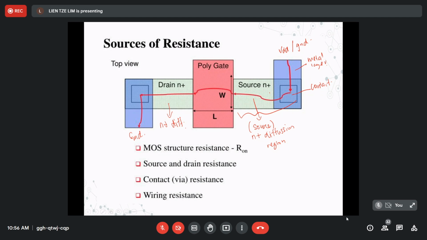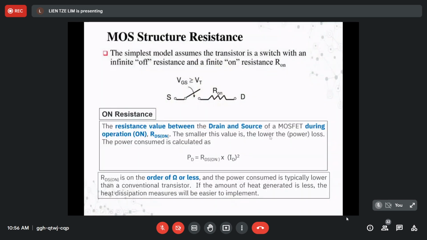So here it shows the directions of the current flow, with all the resistance that exists in this MOS structure. For the resistance of the MOS structure, we usually mention the resistance when it is on.